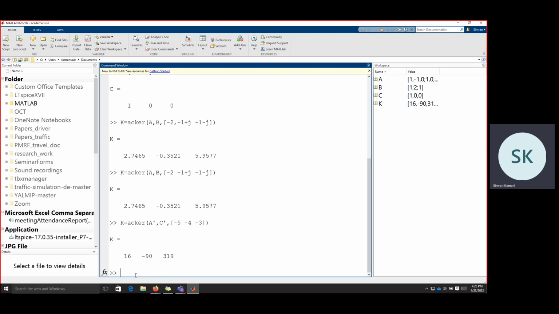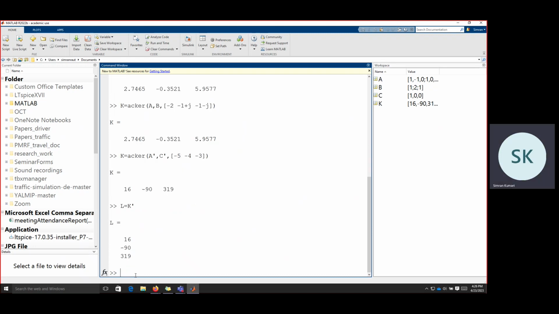So this is K. So what would be L? L will be the transpose of K.